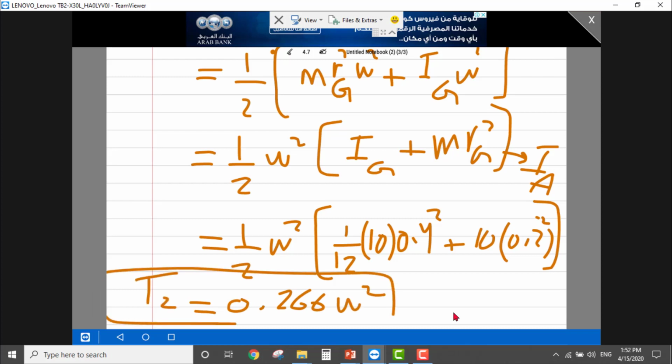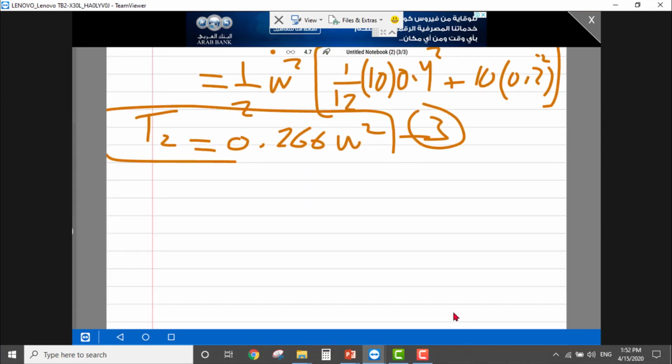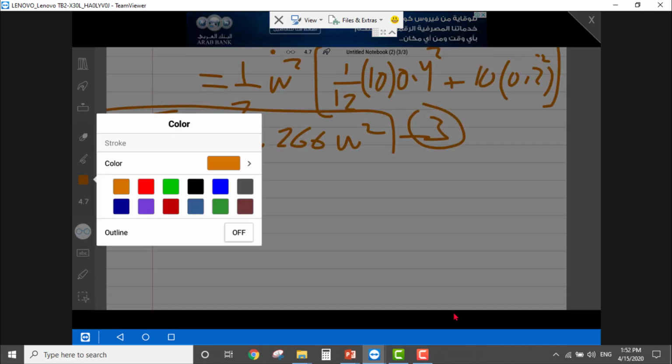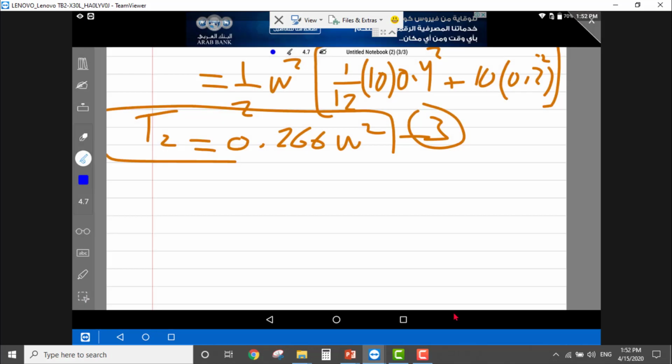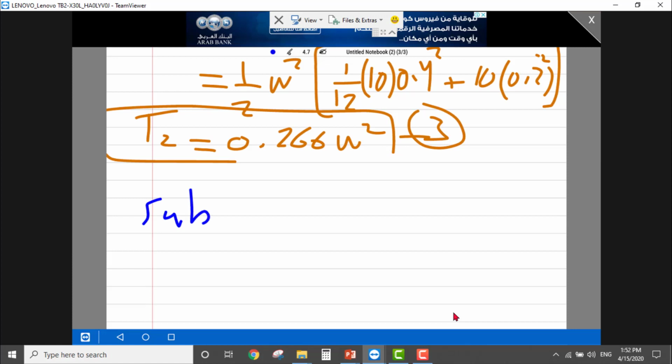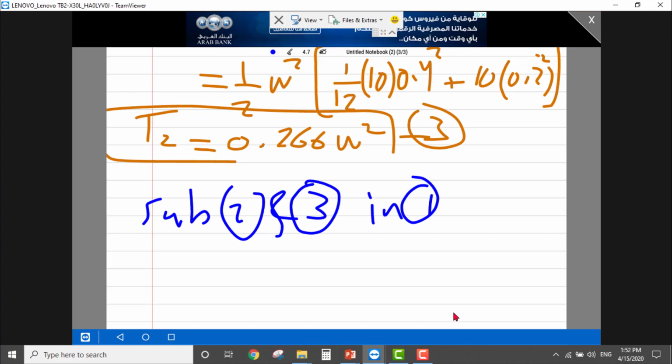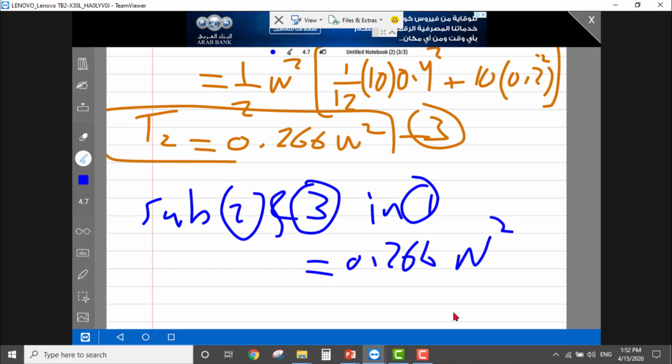This is equation 3. Now substitute 2 and 3 in 1. Then we obtain that T2 is equal to 0.266 omega squared, and V1, let me check the value.